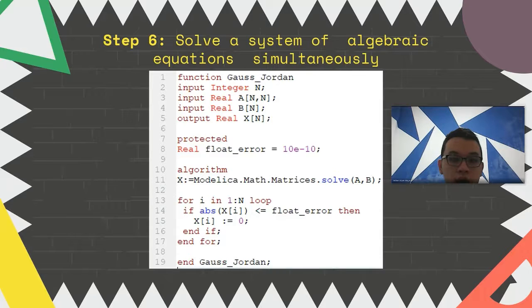And the algorithm is Modelica.Math.Matrices.solve a point b. For i in 1 to n loop, we use the if function. If absolute x i is less than or equal to float error, then x i equals 0. And if ends, then the Gauss-Jordan function ends.